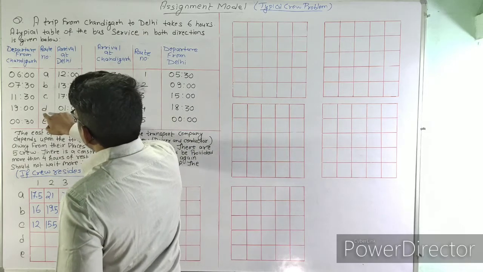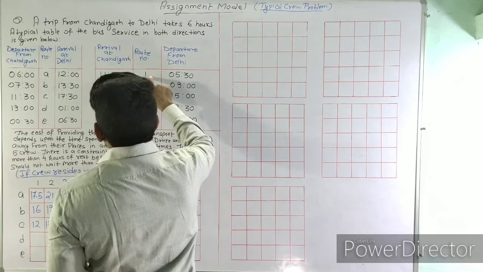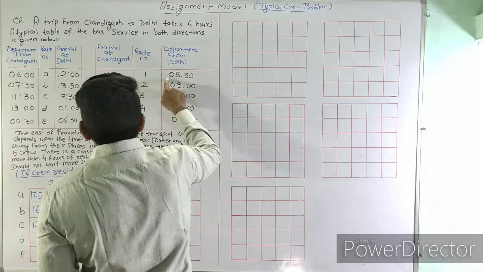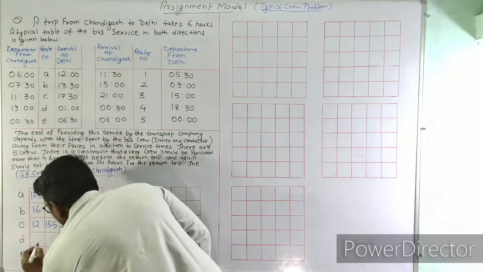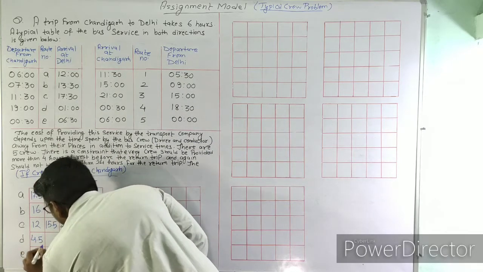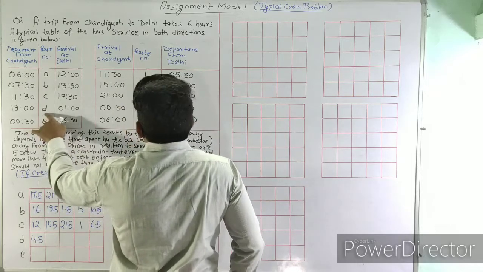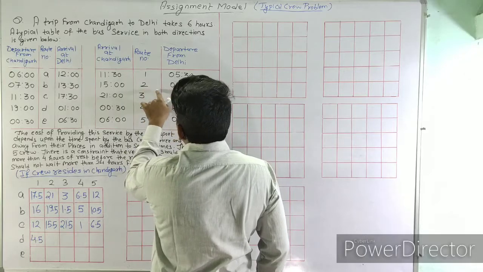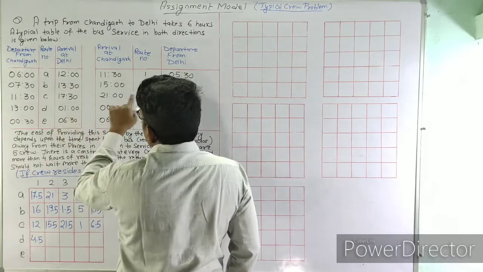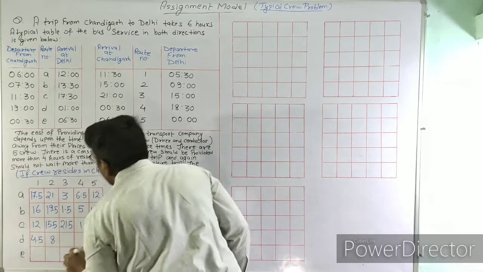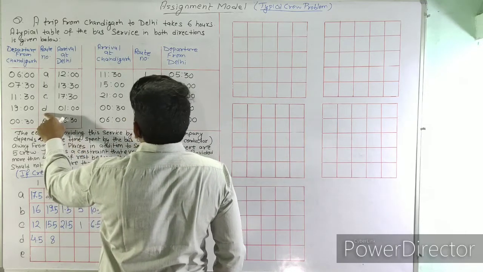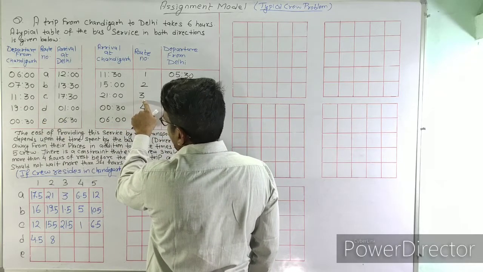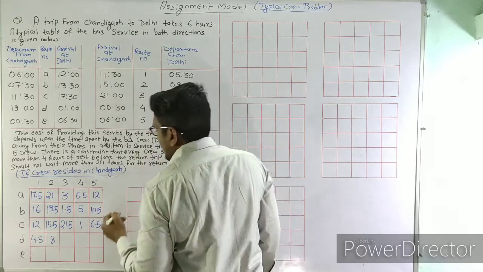Now if it arrives from route D and departs from 1, it will have 1 and 5:30, that means 4.5 hours. This is 4.5. Similarly, if it arrives by route D and departs from route 2, so it will have 8 hours. If it arrives from route D and departs from route 3, so it will have 14 hours.